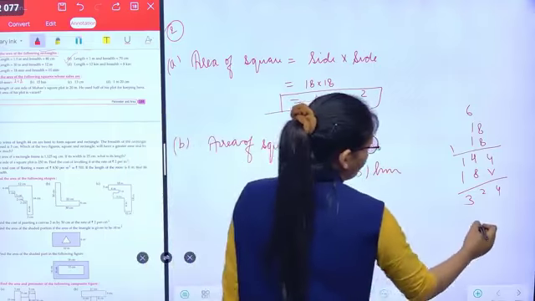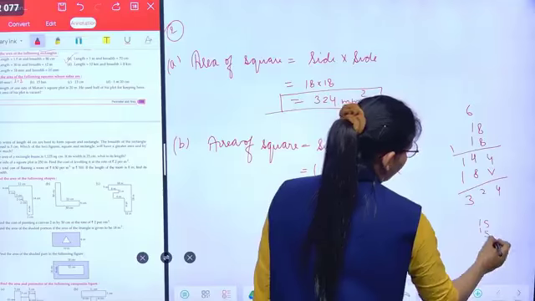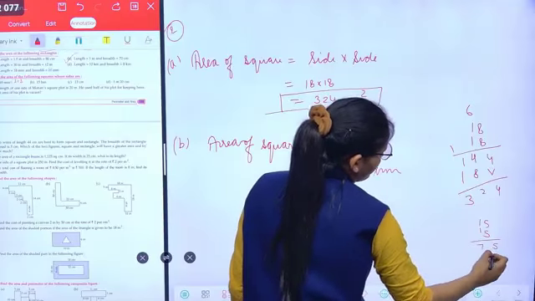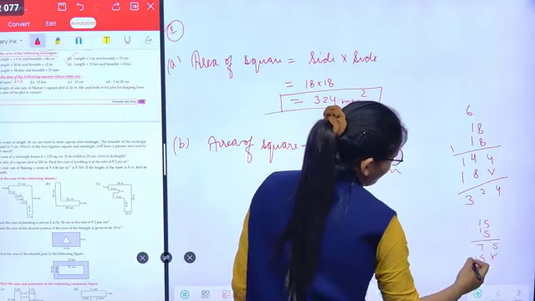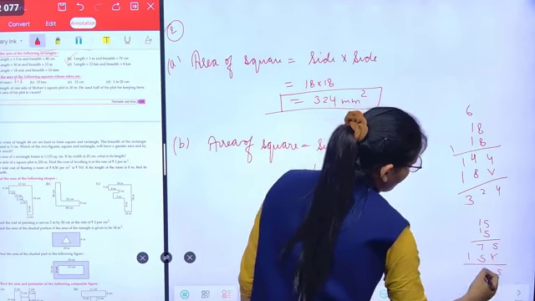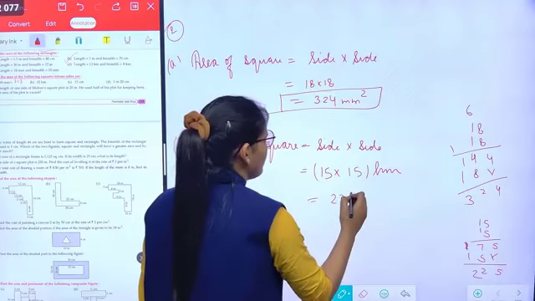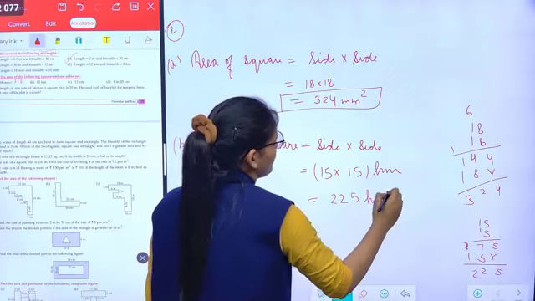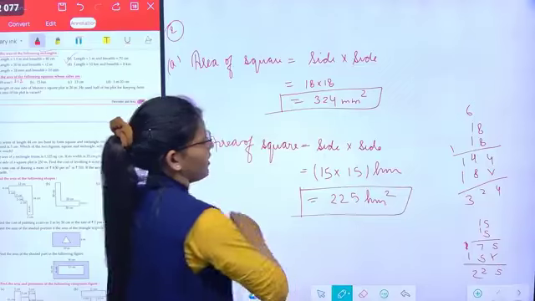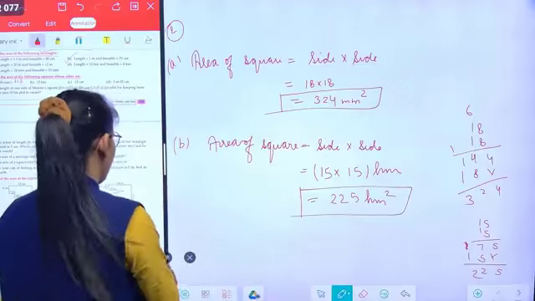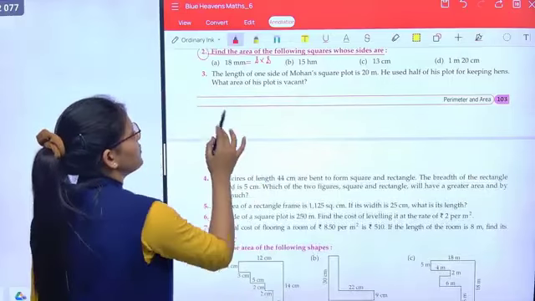Now 15 multiplied by 15, 225. That is 225 centimeter square. Understand class? Now class, rest of the parts do yourself.